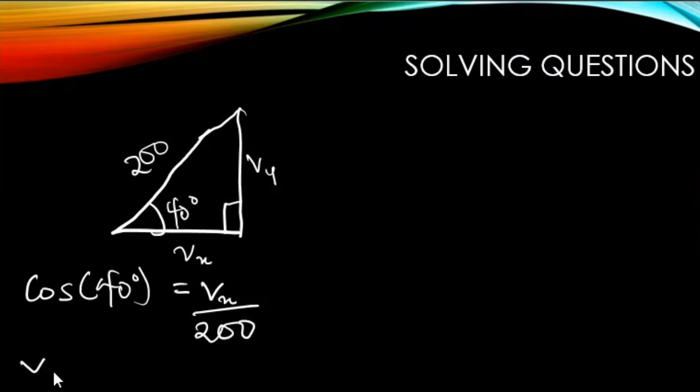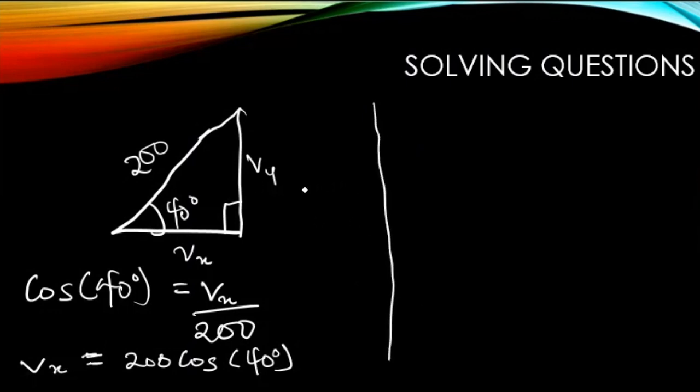So Vx will be equal to 200 cos 40 degrees.